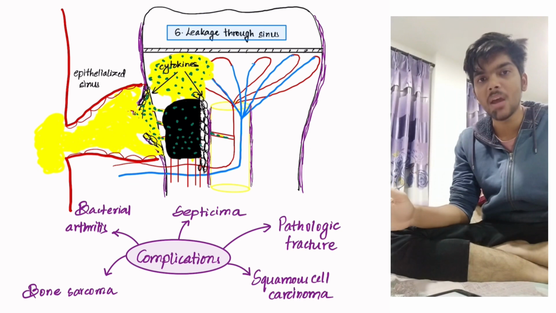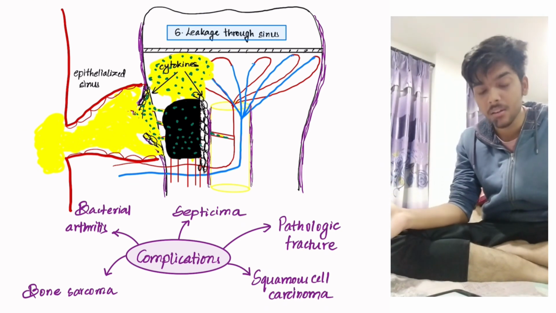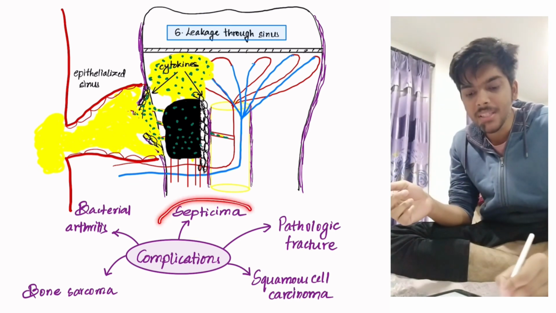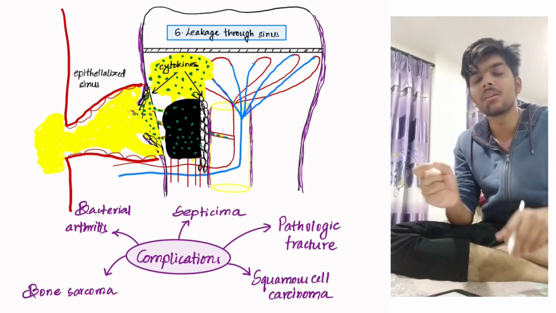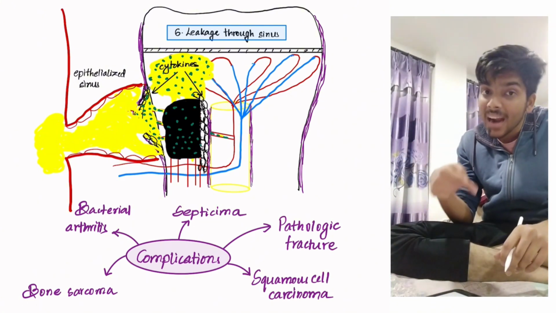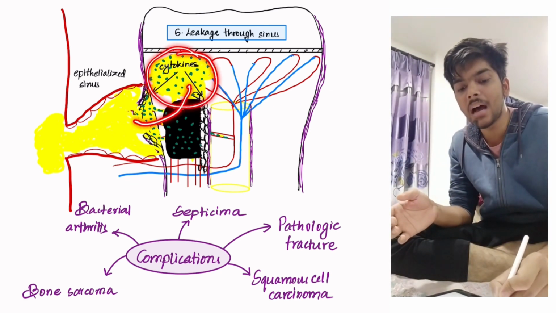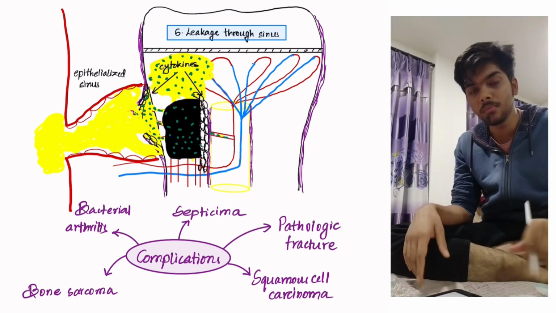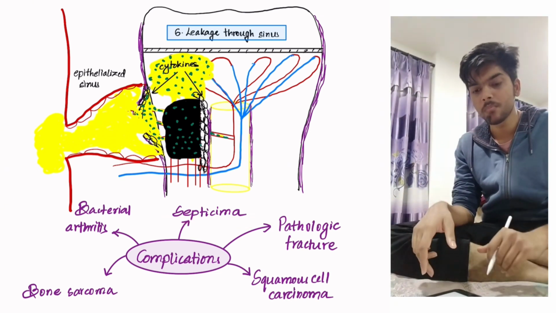In this particular type of osteomyelitis, the complications that are frequently seen are: number 1, septicemia. The bacteria causing the infection are already present in the general circulation. The bacteria adds to the general circulation through the pus that leaks out of the bone after infecting the bone, leading to the condition of septicemia.